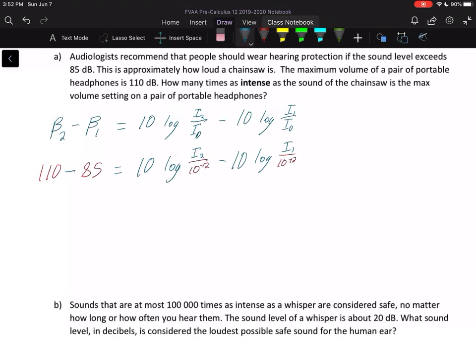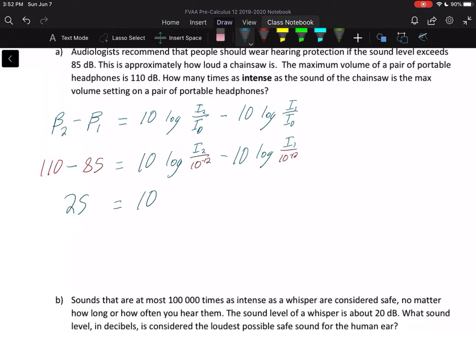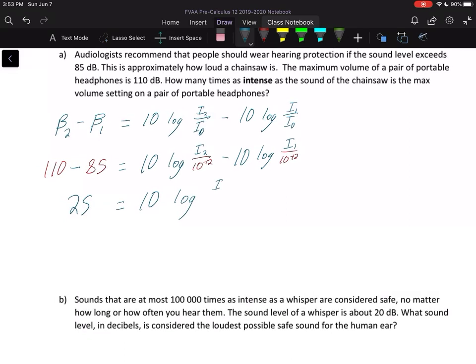All right, so this is going to be 25. And here, because there's a minus between them, I'm going to be able to divide. So here I get 10 log I2 over 10 to the negative 12 over I1 over 10 to the negative 12.